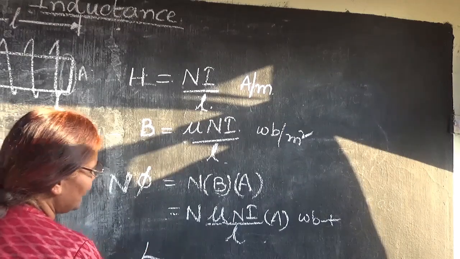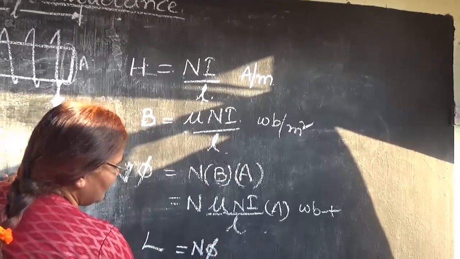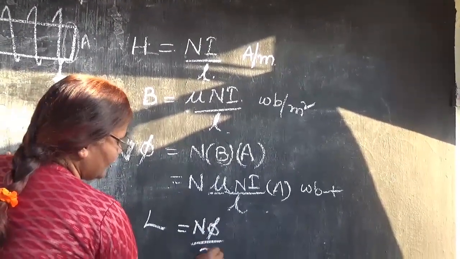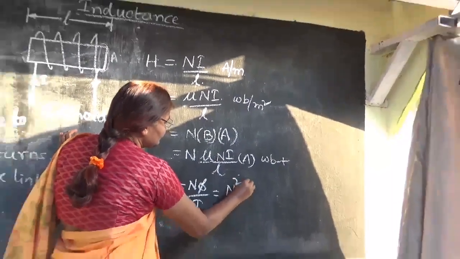Now, what is my inductance then? My inductance L is equal to N phi by I. So here N into N, N square.